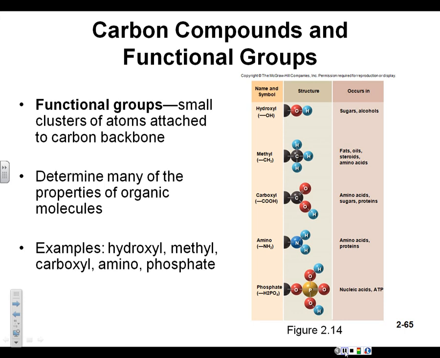You see hydroxyl, you see methyl, CH3, carboxyl, C double bond O, amino, NH2, and phosphate, all right? So again, when we add these molecules to something, they are considered the functional group. So nucleic acids are things like DNA, RNA, and ATP. Who knows what ATP stands for?